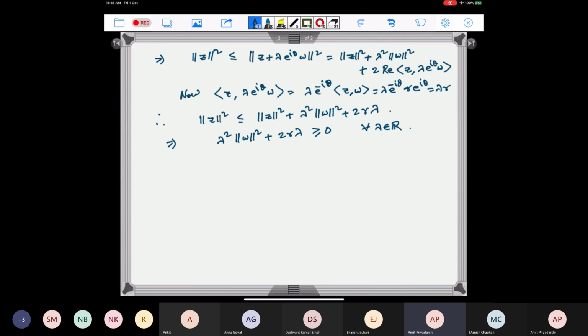Because if R is strictly positive, then I can take a negative large lambda such that this becomes negative. So this implies R has to be equal to 0.